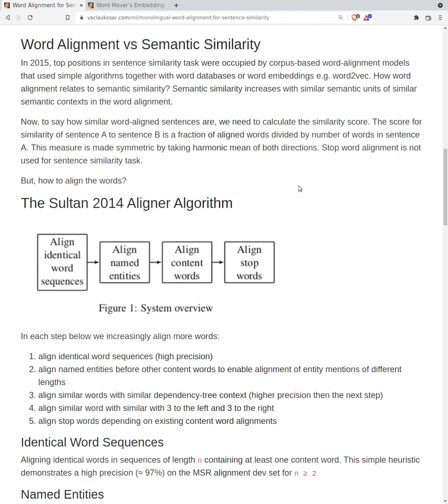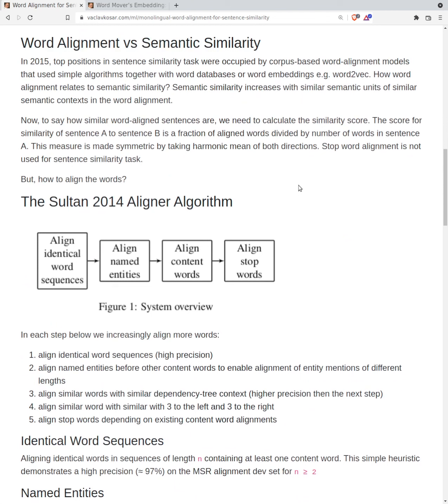Okay, so let's continue. Word alignment for semantic similarity, how you can use it. So it's definitely related tasks, right? If you have two related sentences, you will always be able to align them somehow, right? It makes sense. And actually, the top positions in the 2015 sentence similarity tasks, before the LSTM and transformers, were actually taken by word aligners in general.